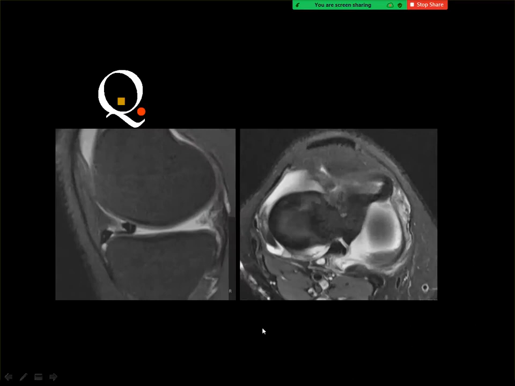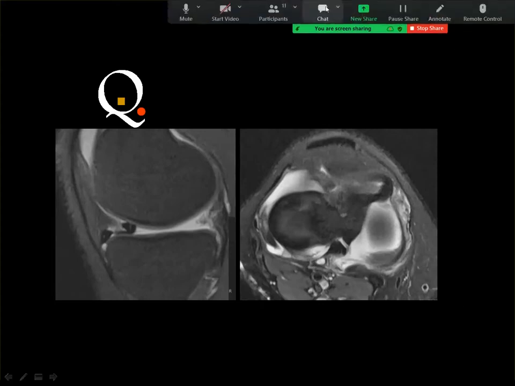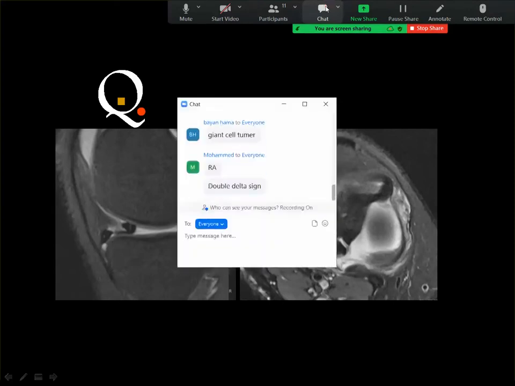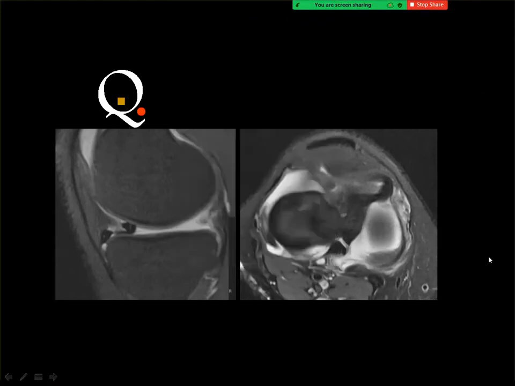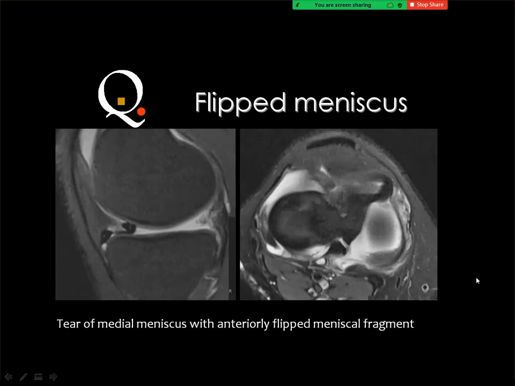The next case is an MRI of the knee, sagittal STIR, axial STIR. Yes, double delta sign, which means the bucket handle tear of the posterior horn of the lateral meniscus, or what is known as flipped meniscus.